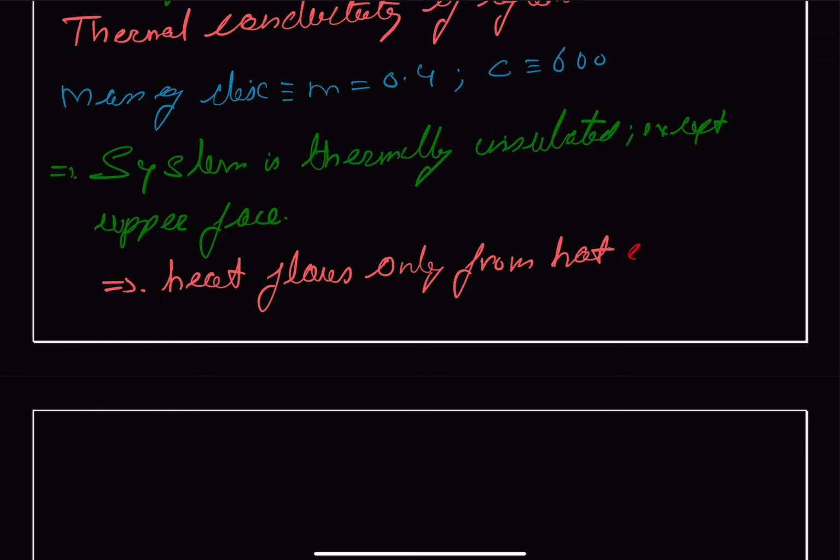So the top end, or we can say the upper surface, is the only heat source for the disk. There is no other source for the disk.